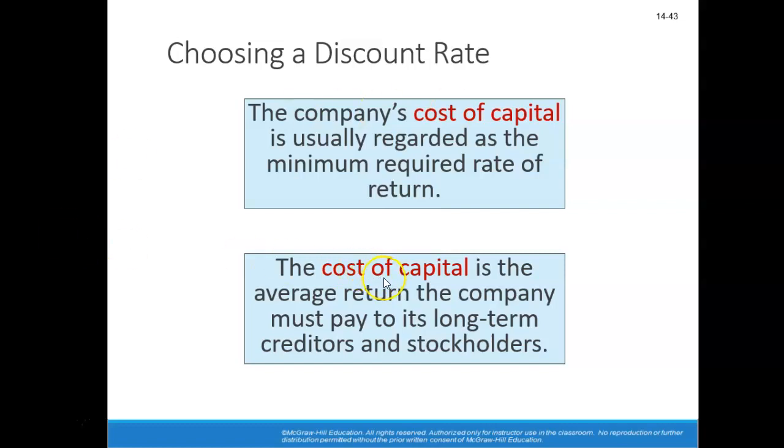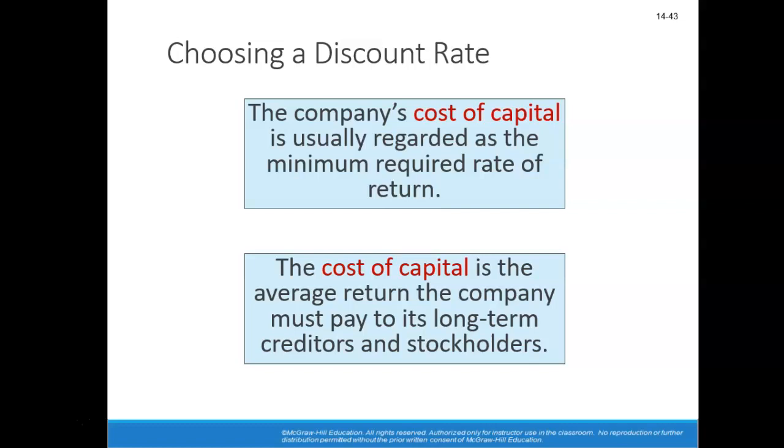We also look at, well, what's the average return that we pay our long-term creditors and stockholders? So what's the rate of return we're paying out in dividends to our stockholders? What's the average return we're paying on our other forms of long-term creditors? That might be 8%.